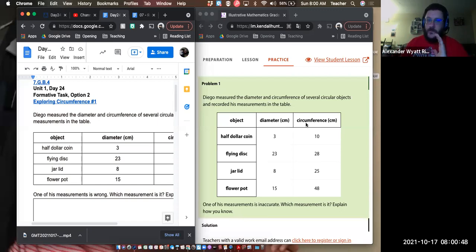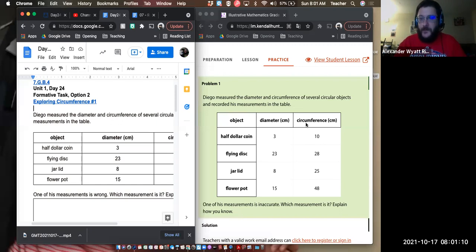Now, of those four, one of those doesn't belong. Some kids said the half dollar coin. They didn't give me a reason. Some students said the jar lid. They didn't give me a reason. Nobody really said the flower pot, which kind of makes sense because it's the last one.